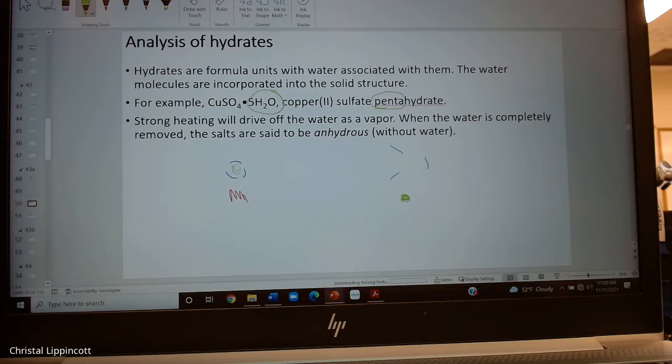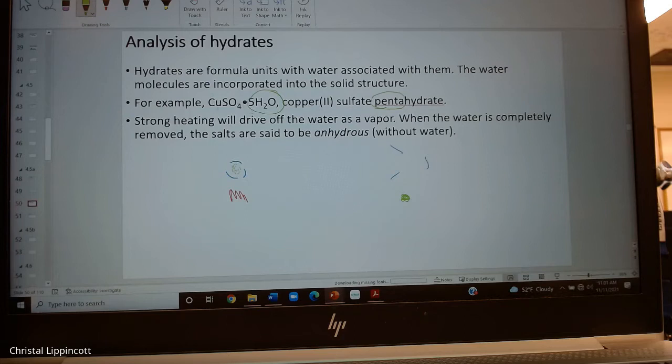So that water was stuck in with that CuSO4. Yeah, whenever you're working with your calculations, you have to take the mass of this and the mass of these 5 here. So 5 times 18, whatever that is, added together gives you the molar mass of this material.